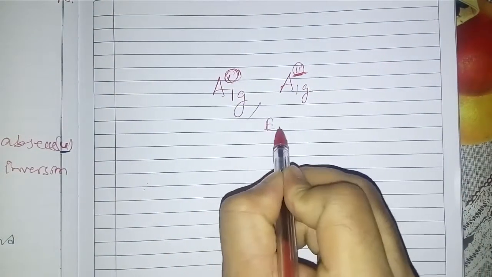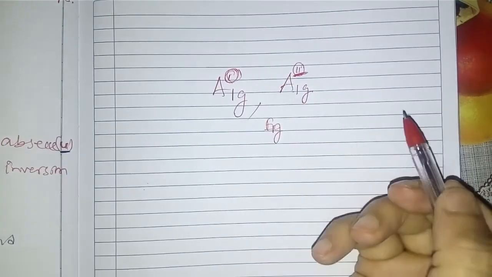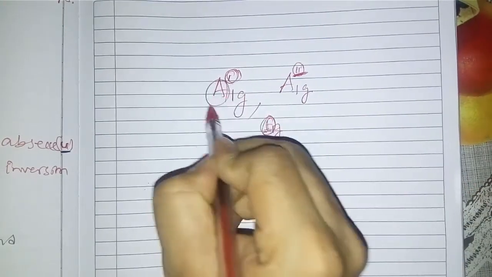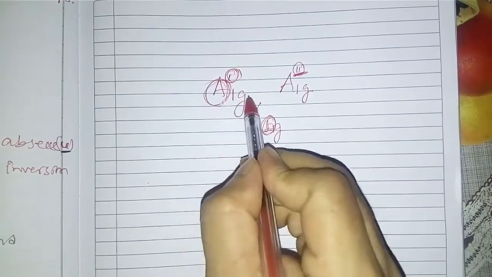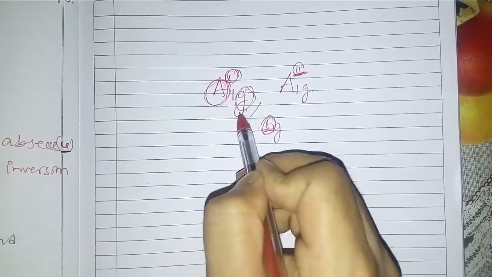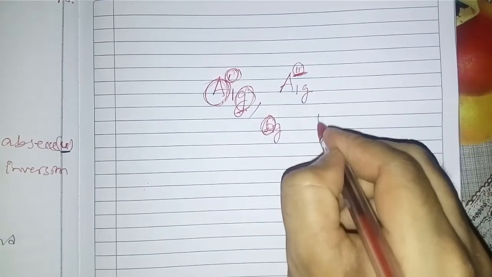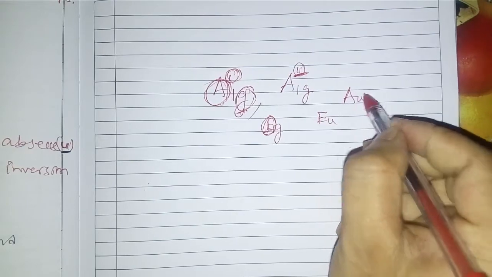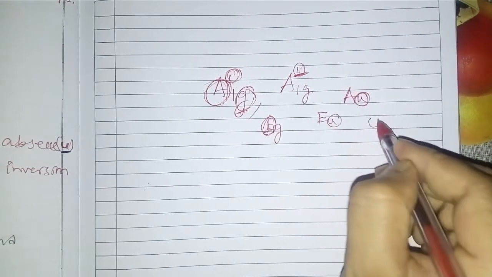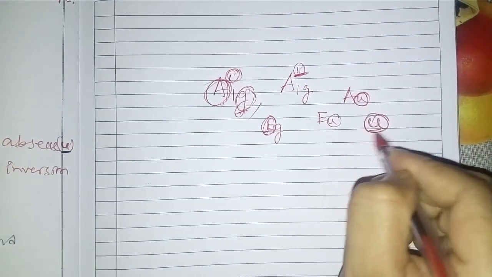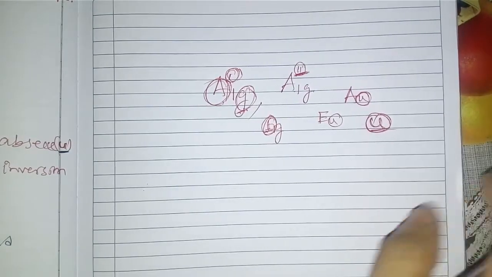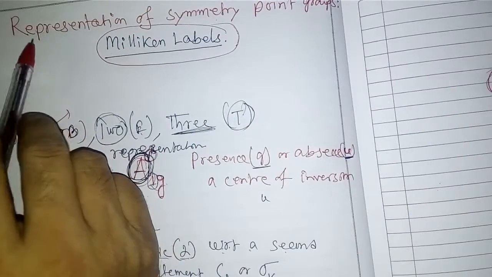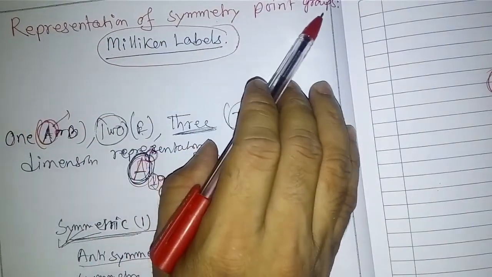Okay, now this one Eg, like this E, if E, this is dimension, and this one is called gerade, actually gerade. If like this Eu or Au, this one, if u, is called ungerade. Okay, so this one is Mulliken levels, or representation of symmetry point groups.